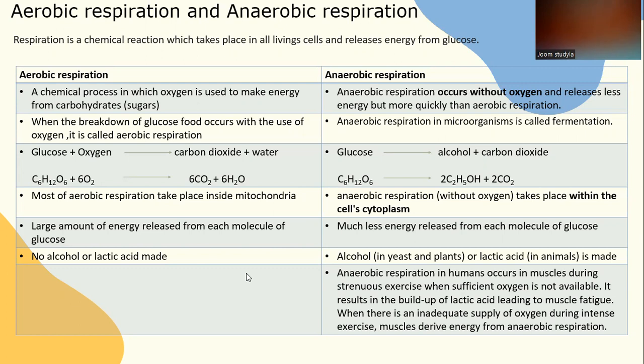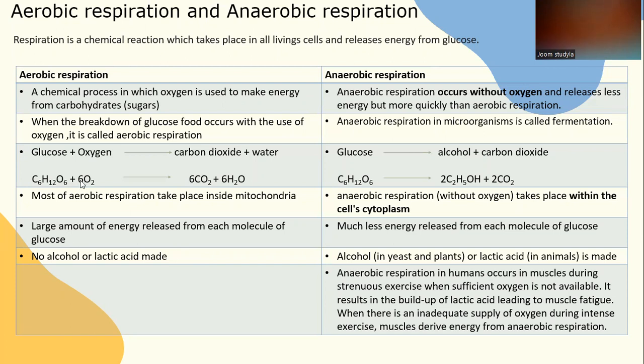Okay, so let's look into aerobic respiration. When the breakdown of glucose food occurs with the use of oxygen, it is called aerobic respiration, where we have this equation: glucose plus oxygen produces carbon dioxide plus water.